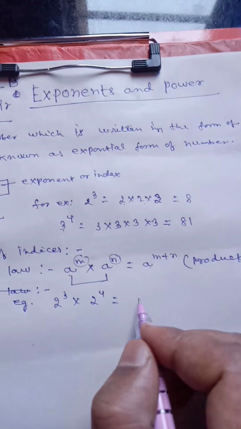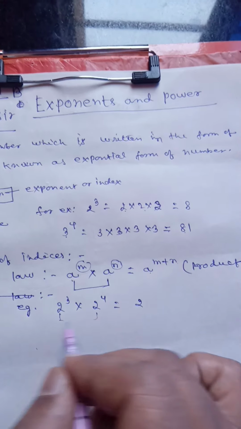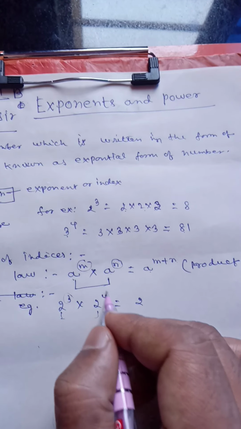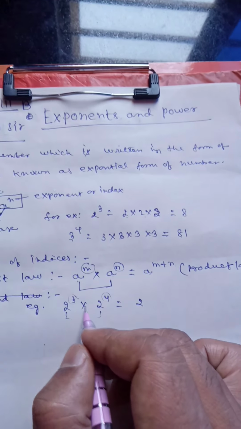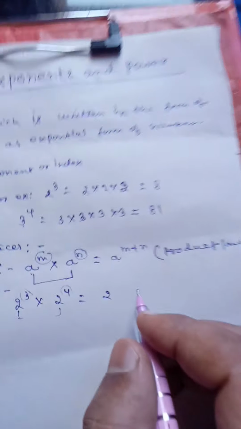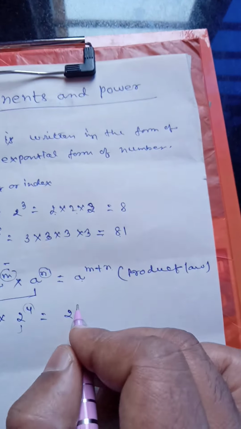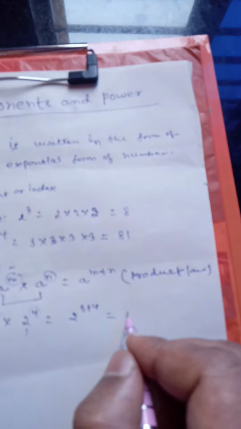Here the bases are the same, so you add both exponents together because there is a sign of multiplication between the two bases. So 2 raised to power 3 plus 4 is equal to 2 raised to power 7.